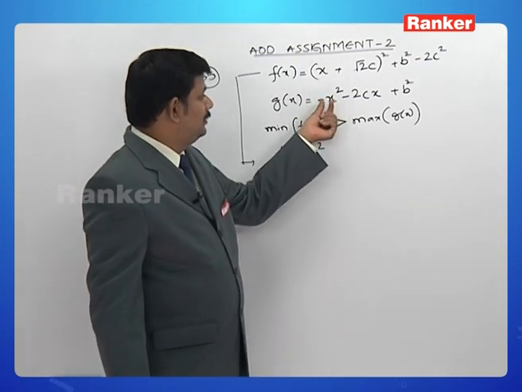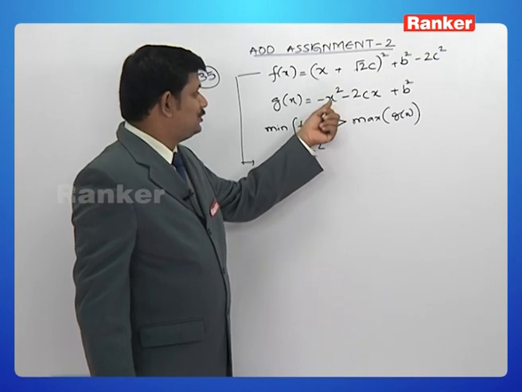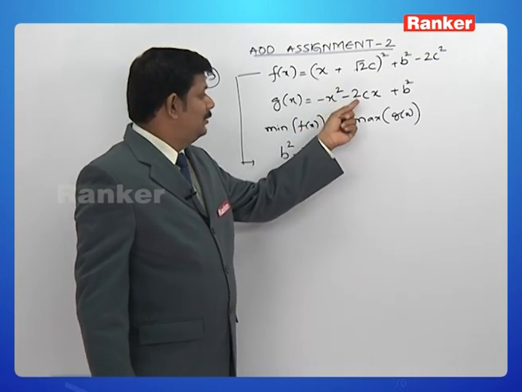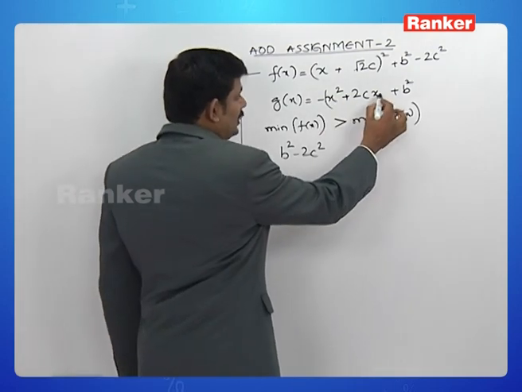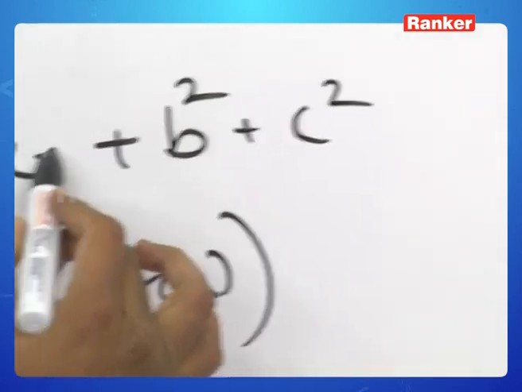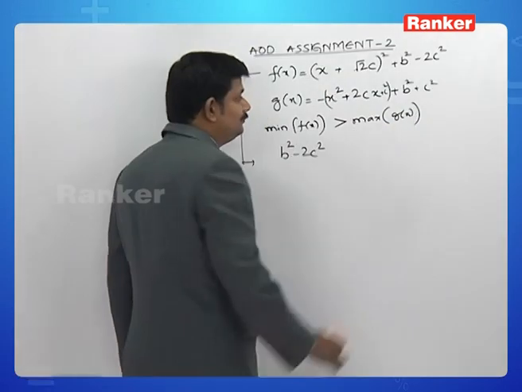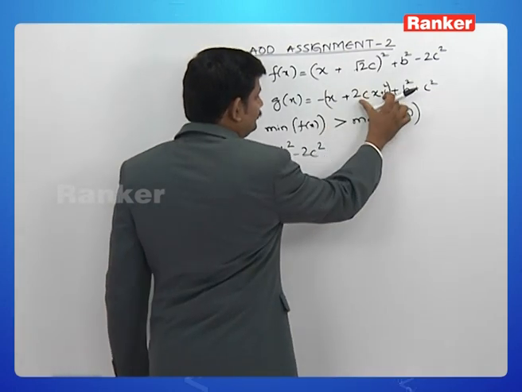Similarly, we can see the formula of a plus b whole square here, minus of x square plus 2 cx. Had there been a plus c square here, so let me add c square and subtract c square. This will become x plus c whole square.